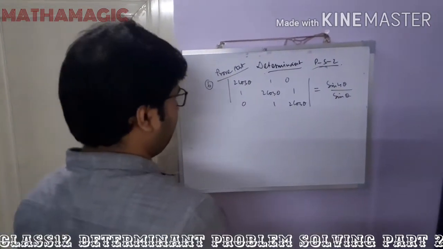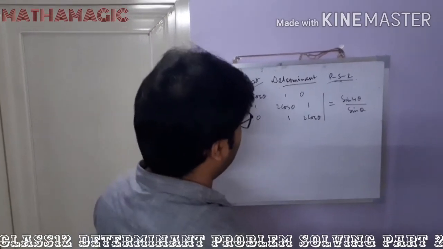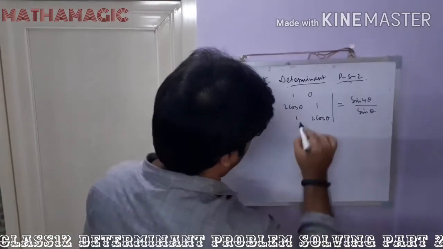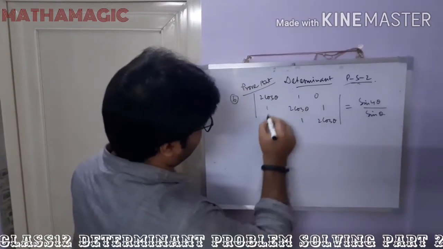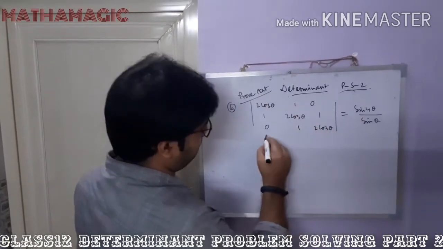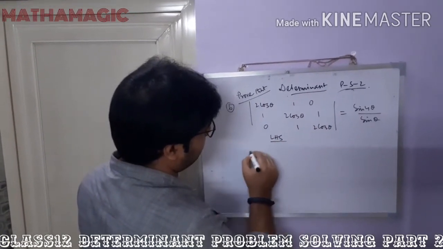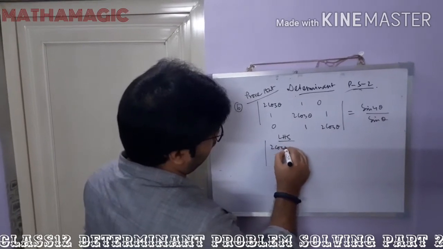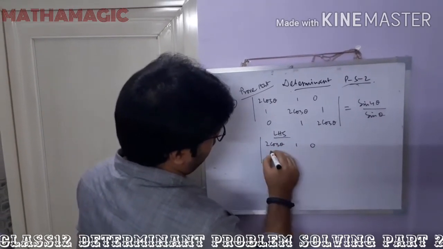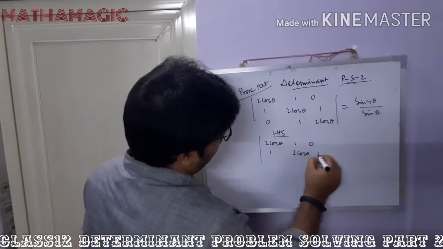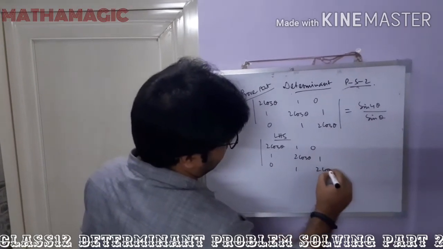By seeing this, we can observe that there is nothing to do with the properties. We will just simply expand, because these are simple terms. So we can directly expand this particular sum.